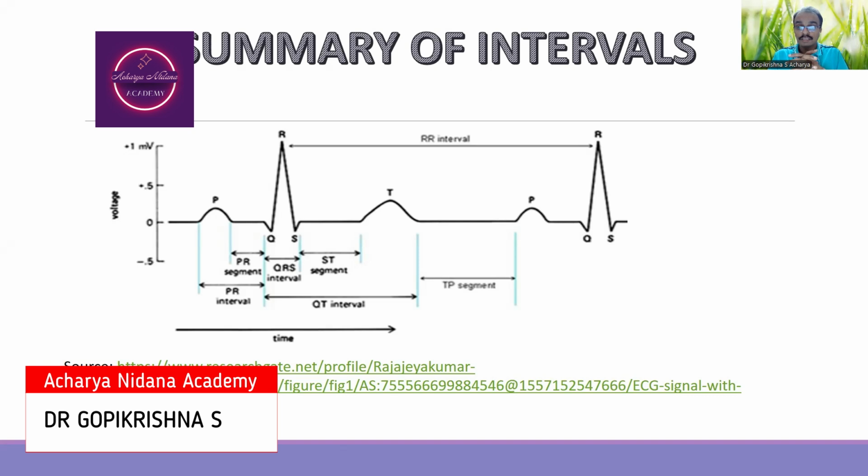Whereas the QU interval is very rarely seen. PP interval, that is 15 to 25 small squares. RR interval, that is 15 to 25 small squares. And VAT, less than 1 small square. And the J point is a point present between the S wave and the ST segment.